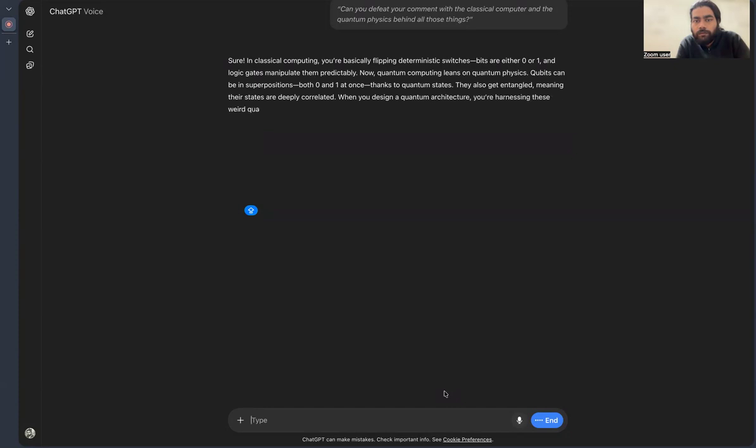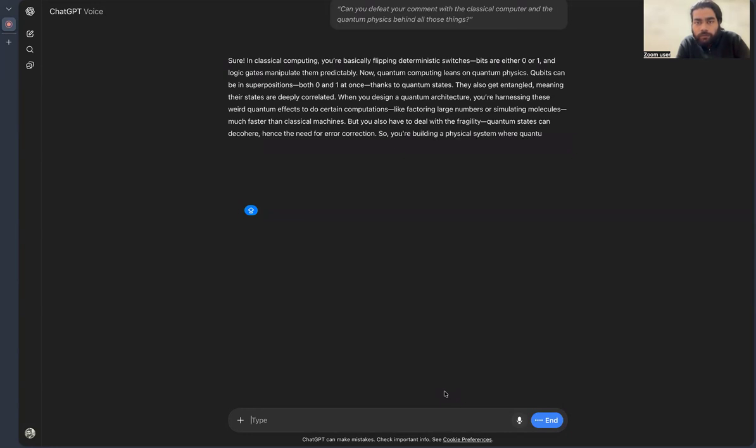When you design a quantum architecture, you're harnessing these weird quantum effects to do certain computations, like factoring large numbers or simulating molecules, much faster than classical machines. But you also have to deal with the fragility. Quantum states can decohere, hence the need for error correction. So you're building a physical system where quantum physics directly shapes the logic, and the challenge is keeping those delicate quantum effects alive.